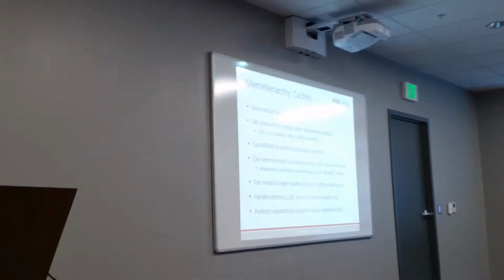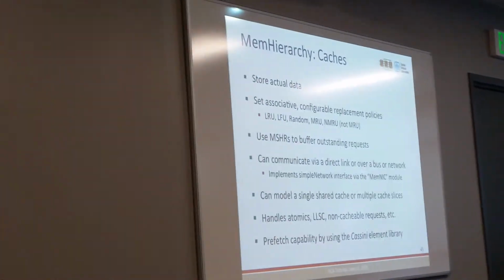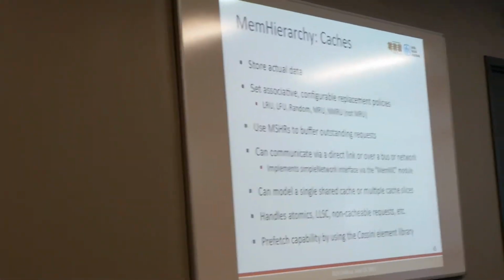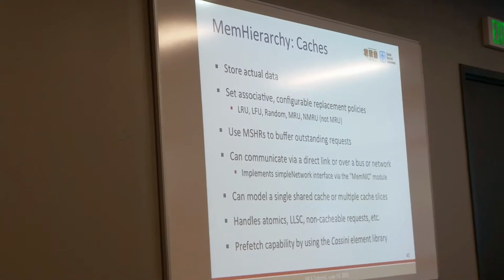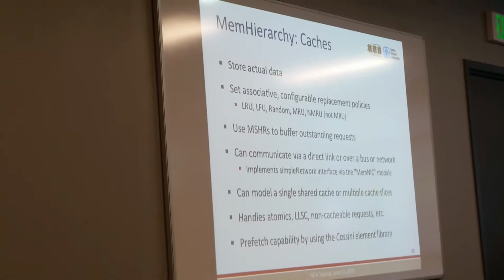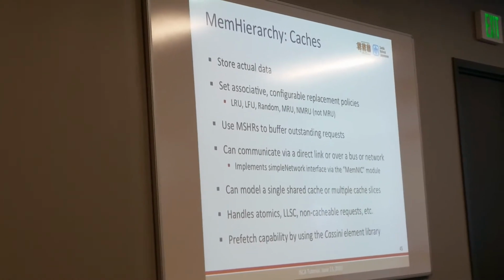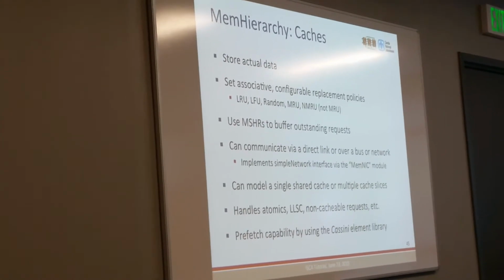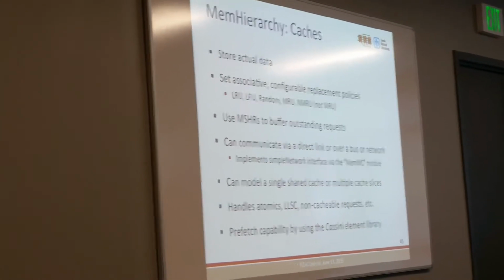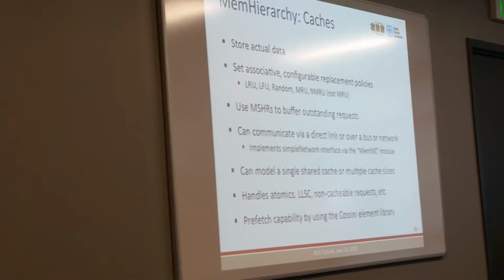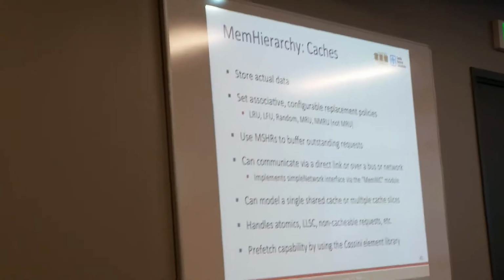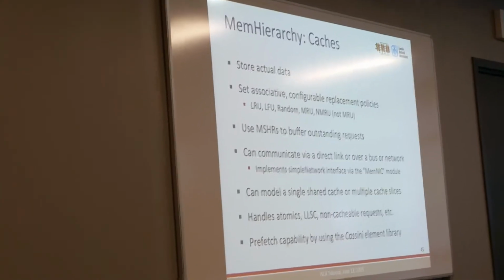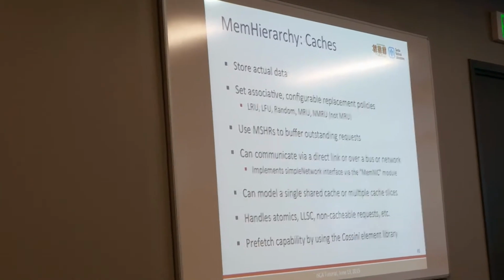So a bit on the caches. The caches are actually storing data. They'd be very easy to integrate with, say, a true execution-based simulator. You have the normal sets of parameters which you can imagine for a cache. You can change size and associativity. You have configurable replacement policies: LRU, least frequently used, random or pseudo-random, MRU, and NMRU.